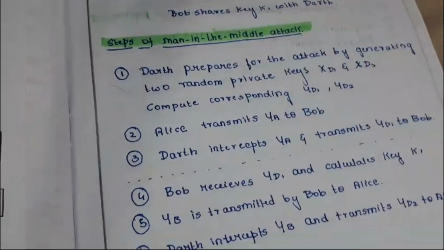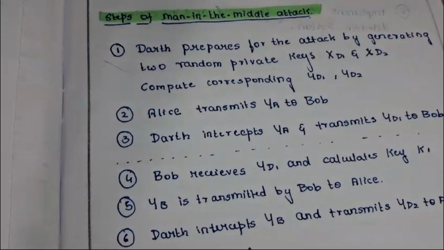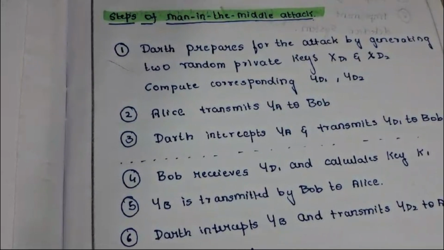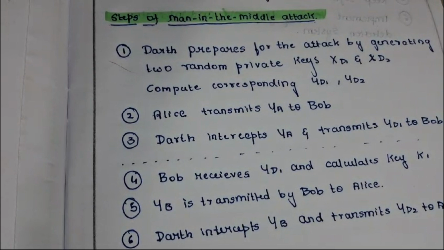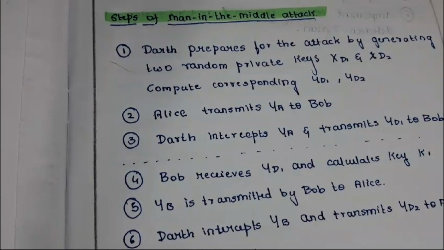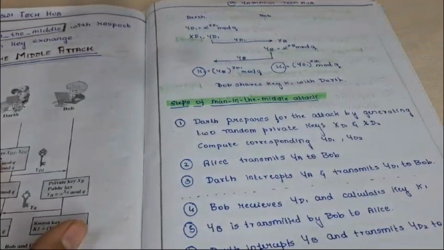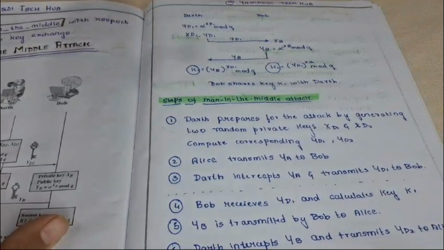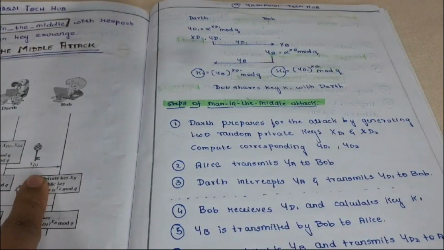So let us go through the steps. First, Darth has prepared for the attack by calculating the public keys using the private keys. He has two sets of keys. Alice is going to transmit YA to Bob. So YA to Bob has been transmitted by Alice. Darth is going to intercept YA and he is going to send YD1 to Bob.